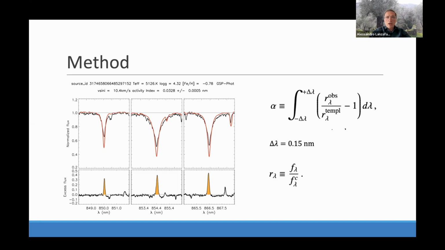So essentially, we build up the ratio spectrum, the observed spectrum divided by this interpolated spectrum, which is taken as a template, and we integrate this over 0.15 nanometer. In this relationship, R is the ratio between the flux at wavelength lambda and the corresponding flux at the continuum.